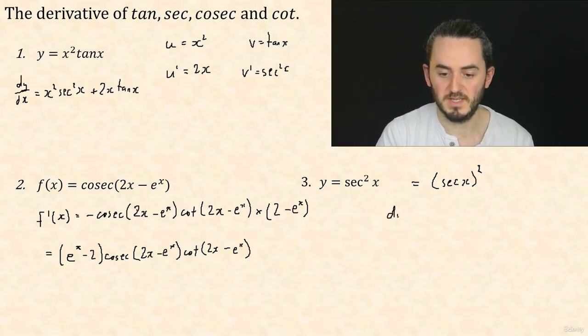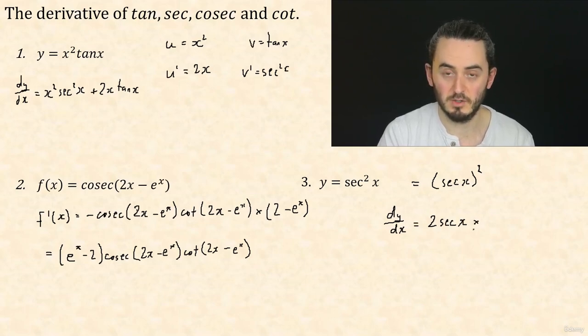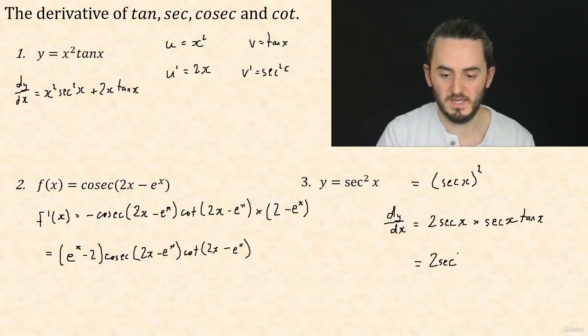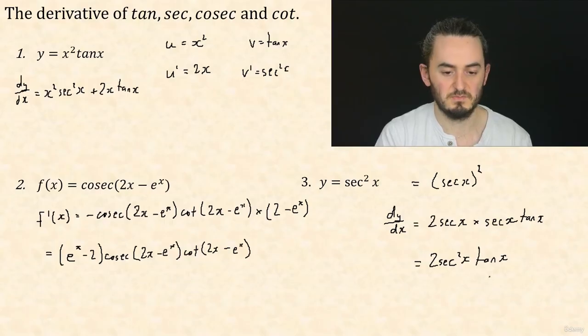And so when we differentiate some stuff squared, what we have is that the power comes down and drops by 1, so that's just sec x, and then we multiply by the derivative of what was going on in the bracket. The derivative of sec x is sec x tan x. So neatened up, we've got 2 sec squared x tan x.